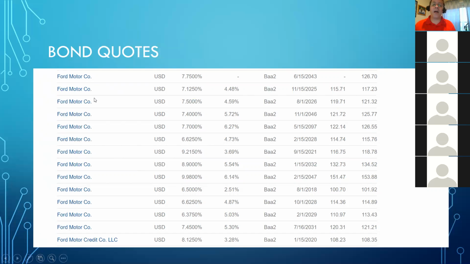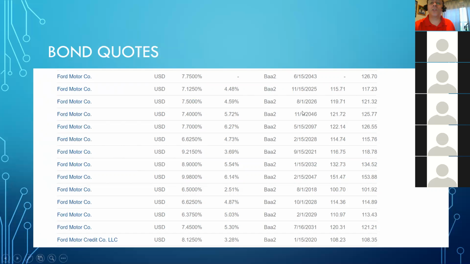So think about each one of these as a loan that Ford Motor Company has gotten from a whole bunch of people. Now, in doing so, Ford has agreed to pay what's in this column, interest only. This is the coupon rate. This is what determines how much they're going to pay every 6 months, typically.